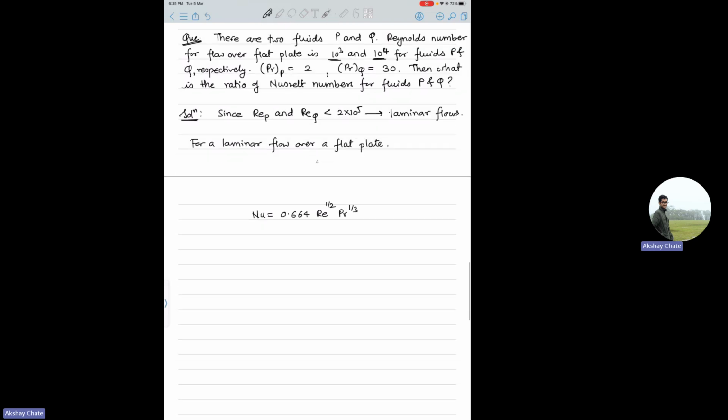So you can just use this expression because it's a laminar flow, and then take the ratio. For the Nusselt number of fluid P and Q, the constant gets cancelled. So it will be just the ratio of Reynolds number for fluid P to Reynolds number for fluid Q raised to 1/2, times the ratio of Prandtl number for fluid P to Prandtl number for fluid Q to the power 1/3.